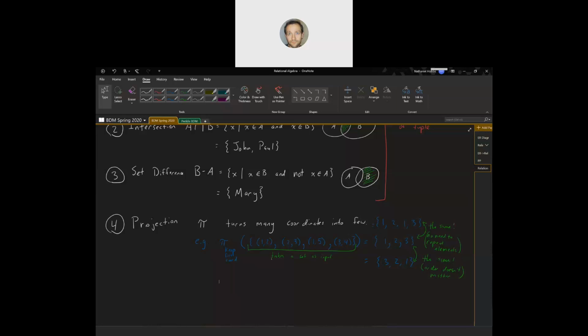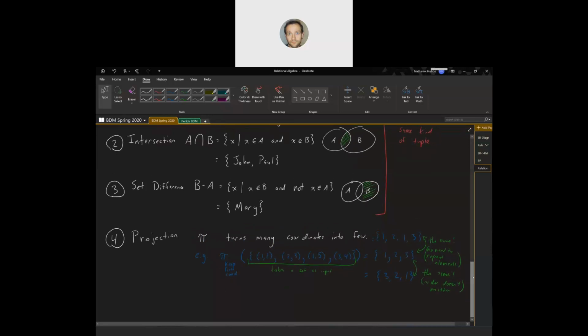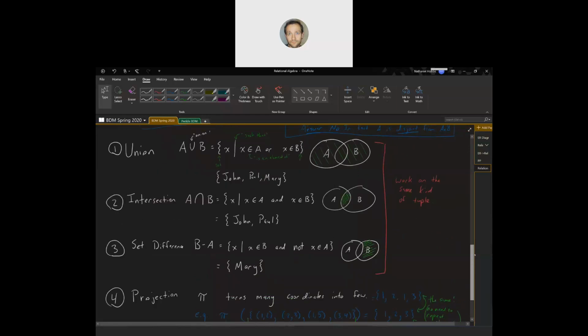All right. So the one main takeaway from this projection that makes it different than these 3, the union, the intersection, and the set difference, is that here, with A union B, the type of A and the type of B have to be the same, and the result is also of the same type.